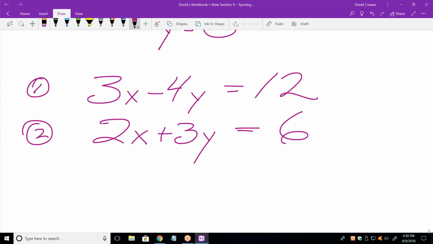And by 2, that's going to give you 4x plus 6y. In other words, there is no single number that I can multiply either equation by such that I can eliminate a variable. But what if I multiply the bottom one by minus 3 and the top one by plus 2?